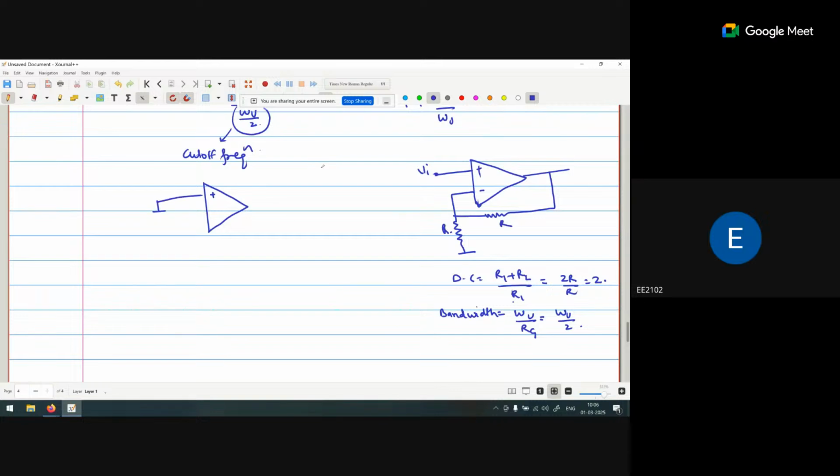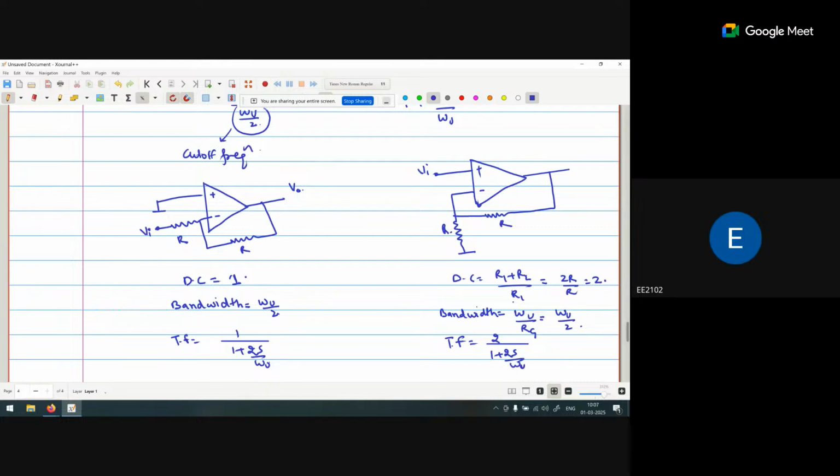The plus is grounded in the inverting case, with R, R, Vi and V naught. There the DC gain is 1 and the bandwidth is omega u by 2, so the transfer function is 1 upon 1 plus 2s by omega u, and the transfer function of the non-inverting one is 2 upon 1 plus 2s by omega u.